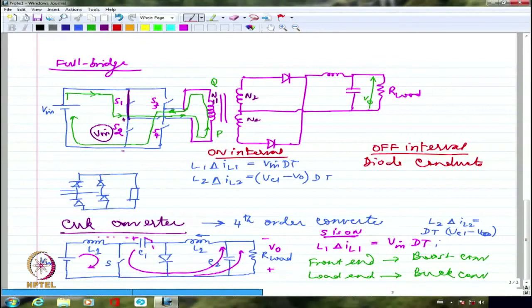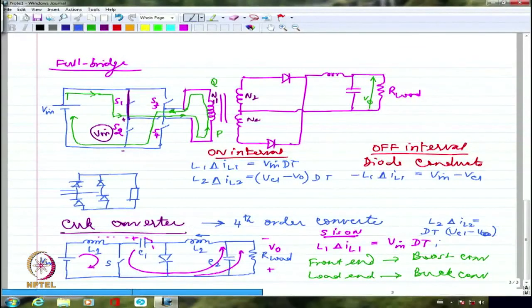So in this particular case, I have to write V in VL1. I have to write L1 delta IL1 is going to be V in minus Vc1. Rather, this delta IL1 is decreasing.